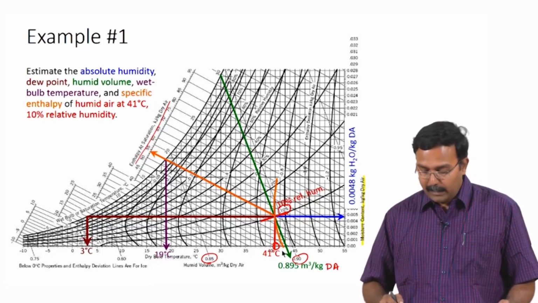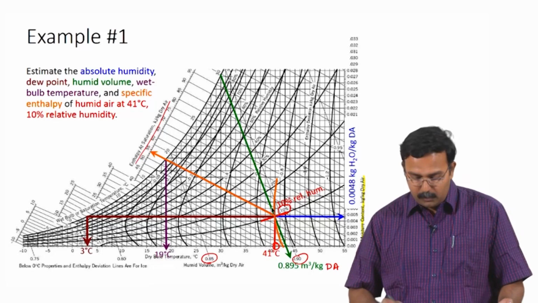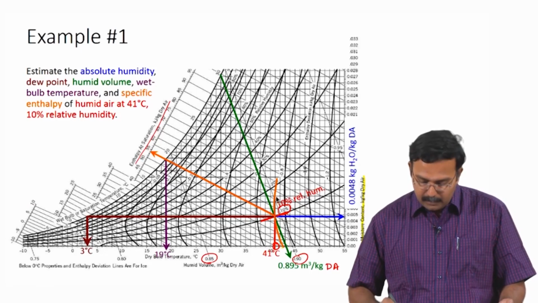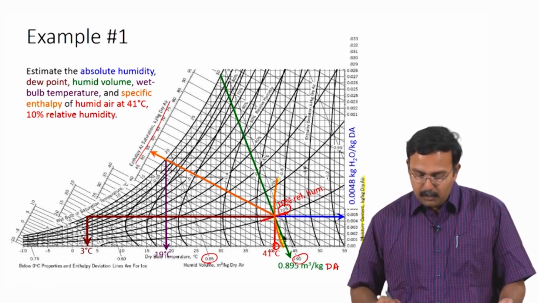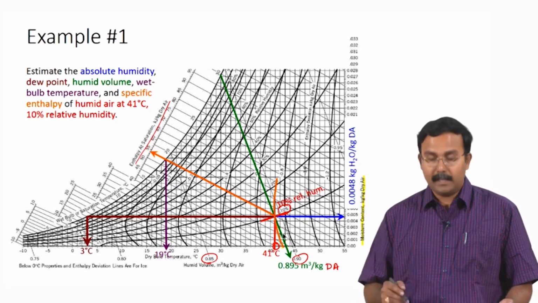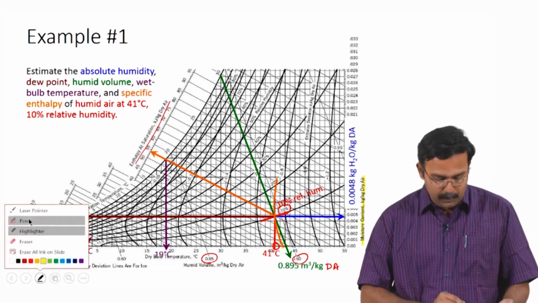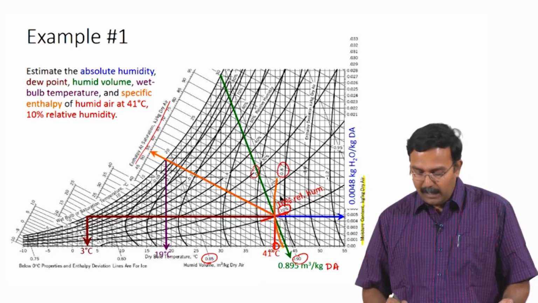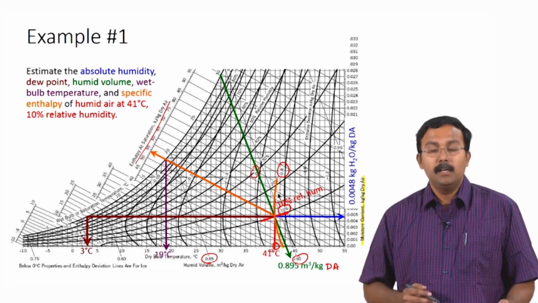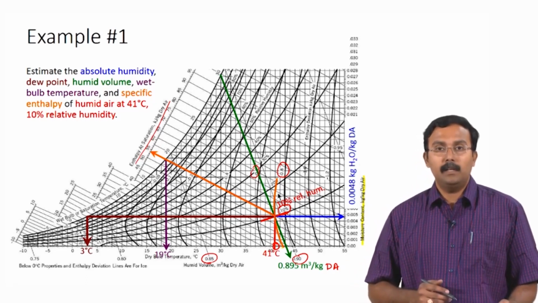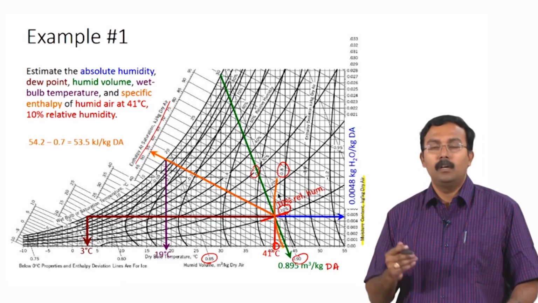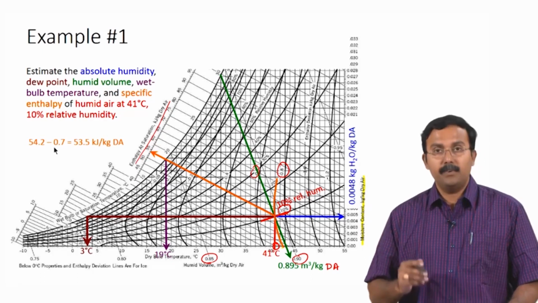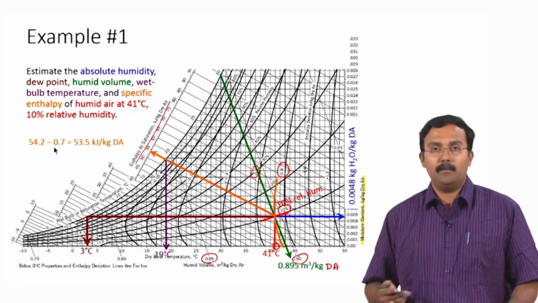We also need to account for the enthalpy deviation, which is the curve drawn in orange here. This falls between minus 0.6 and minus 0.8, so the value would be roughly minus 0.7. Using this, we can calculate the actual specific enthalpy of humid air as 54.2 minus 0.7, giving us 54.5 kilojoules per kilogram of dry air.